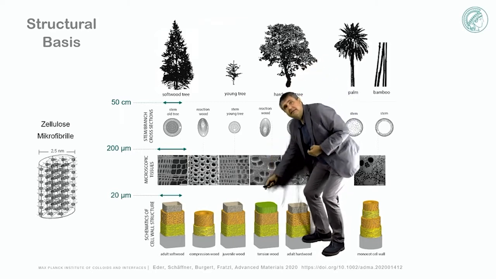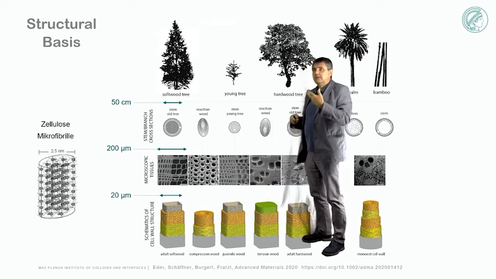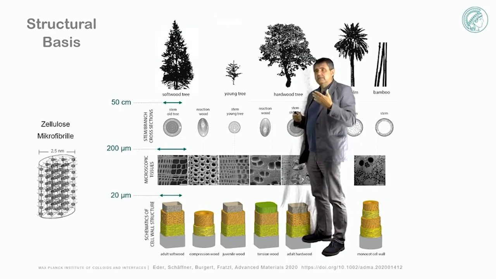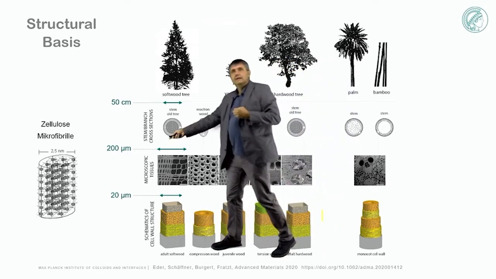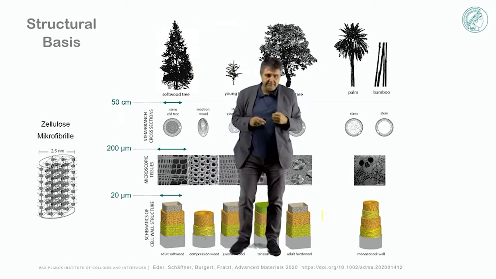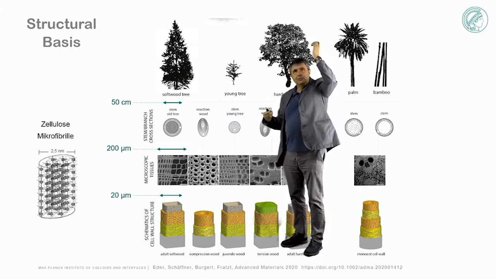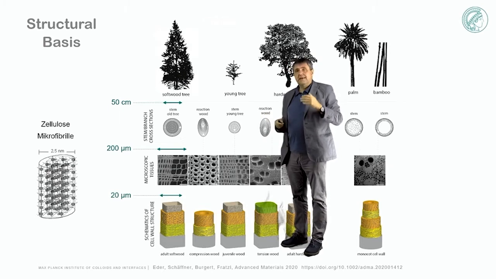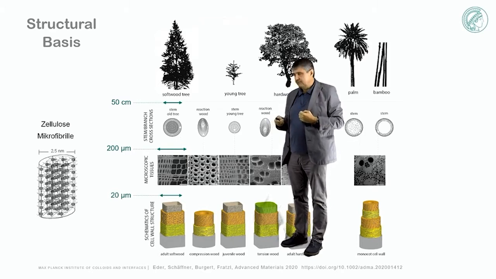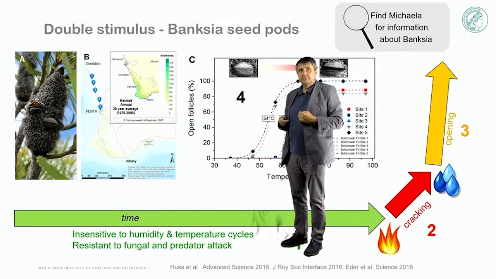And then finally, these tubes themselves, all the way down here, are built by cellulose fibrils, very, very thin fibers, that are arranged in a helical fashion around the tube of the cell. But the helix pitch, or the angle of the cellulose with the cell, is actually changing and adapted to the needs. So this is what's defining the responsiveness of the material.